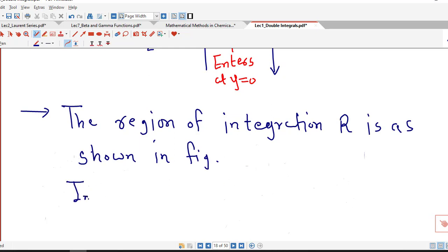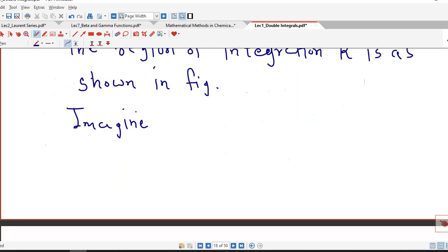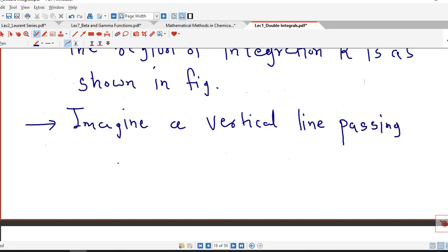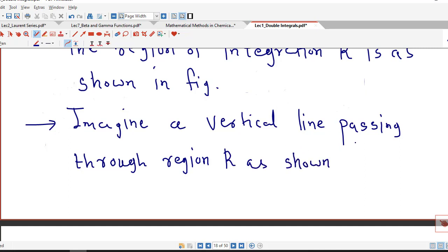After that, what we have done is we imagine a vertical line passing through region R as shown in the figure.